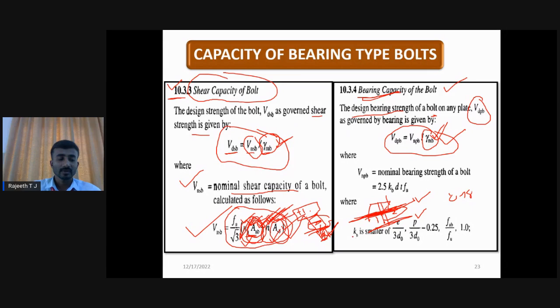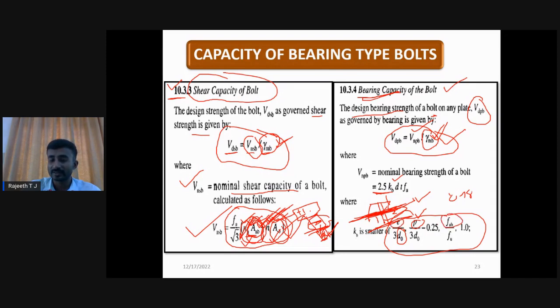Next, what is VNPB? The nominal bearing strength of the bolt is nothing but 2.5 times Kb d t into Fu, where Kb is the factor we should calculate according to the pitch and edge distances: e by 3d0, where d0 is the size of the hole, that is the diameter plus the clearance, and pitch by 3d0 minus 0.25, with pitch being the minimum pitch value and e the edge distance value.